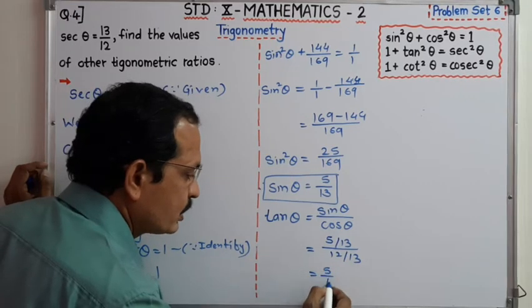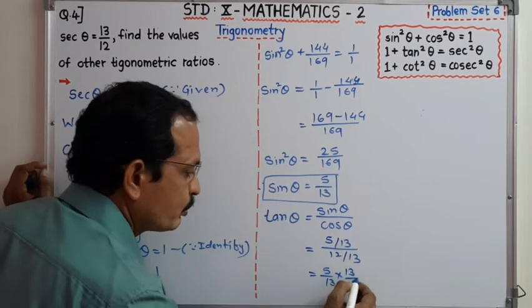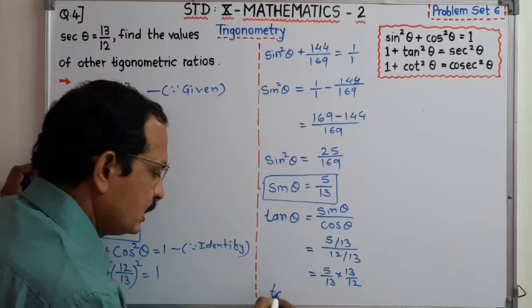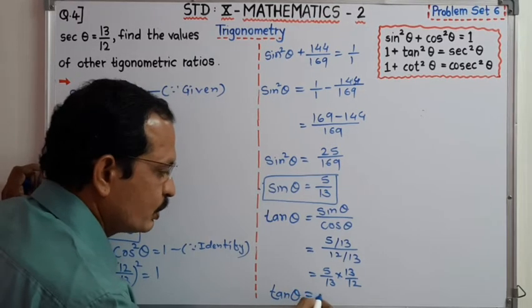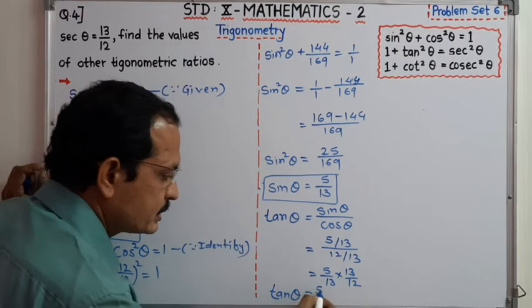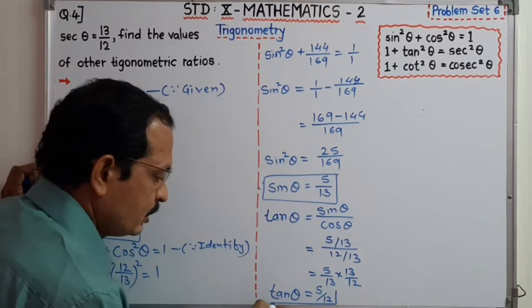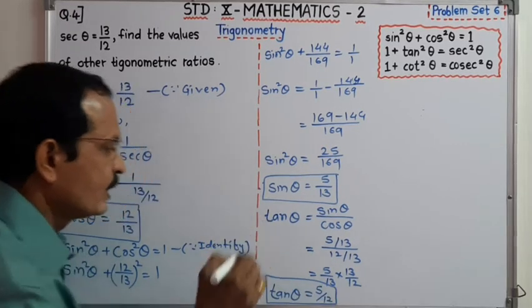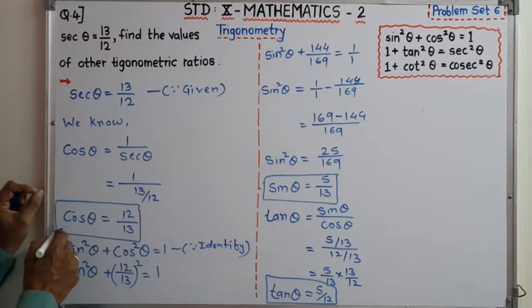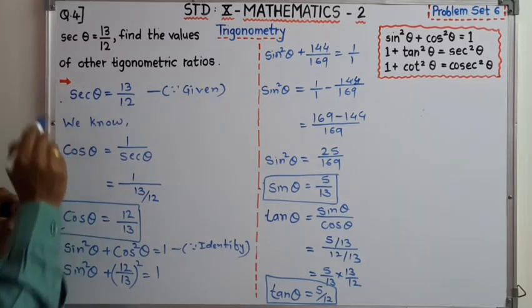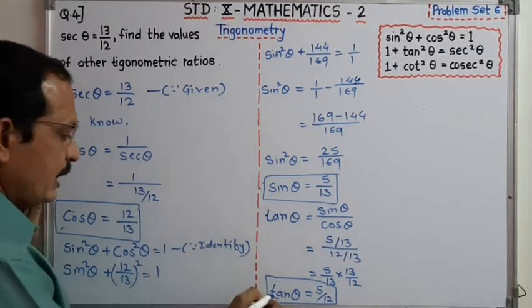Therefore 5 upon 13 into 13 upon 12. Therefore tan theta is equal to, this 13 gets cancelled, it is 5 upon 12. In this way, see, cos theta is completed, sec theta is given, sine and tan.